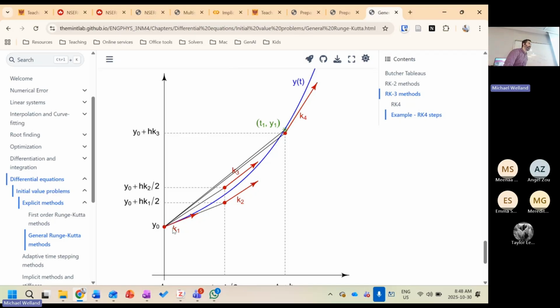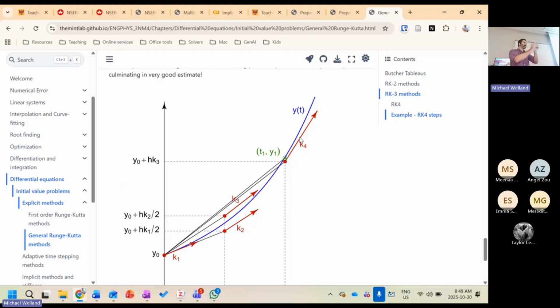I'm going back to the beginning, taking k2 all the way over here, right? Which is now going to be different following the k2 slope. And now I'm going to calculate k3. That's my third slope. Then I'm going to take k3 back from my beginning, go all the way over here, and calculate k4. That's my fourth slope. And then I'm going to shake them all together to get this final guess, which actually turns out to be a good guess. Easy.